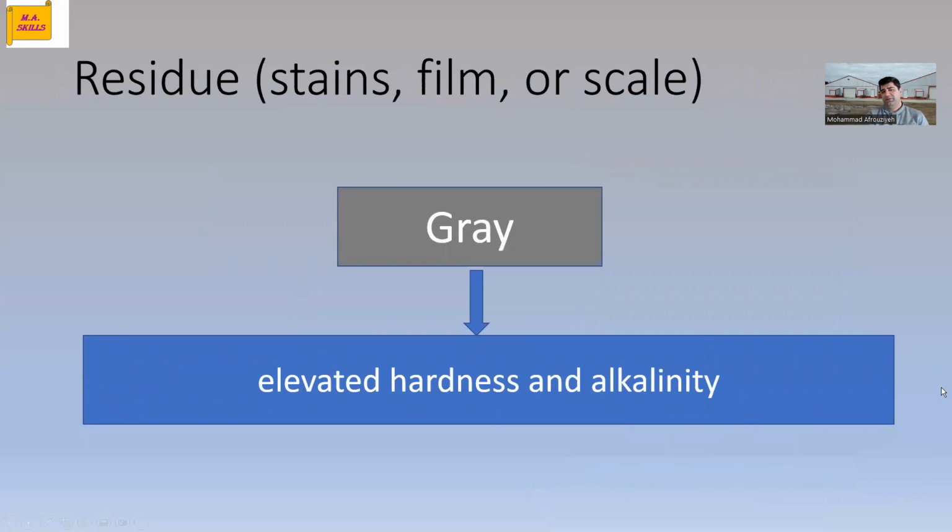So if the stains or film or scale in your water system is gray, then it might be because of elevated hardness and alkalinity. In that case, again, you can use reverse osmosis, you can use ion exchange, but remember, if you are going to use an ion exchange system, you need to pay attention to your water sodium level.